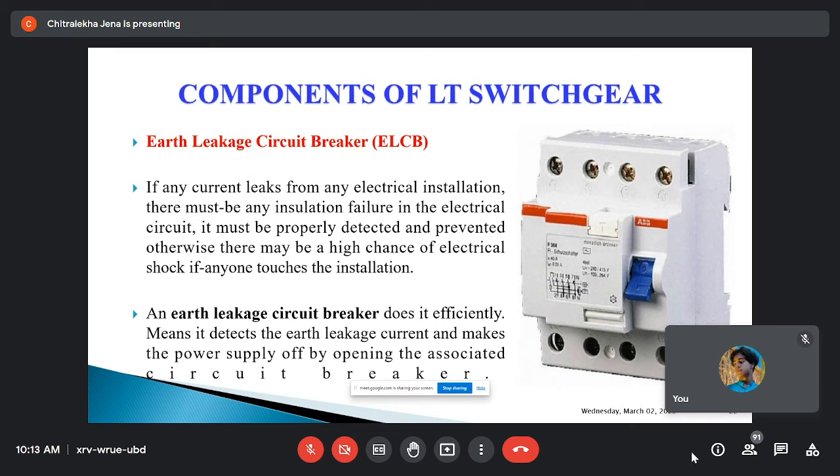That electrician will bring this earth leakage circuit breaker, and this earth leakage current measuring device, to see whether earth leakage current is there or not. This circuit breaker, if there is any current leakage from an electrical installation, due to an insulation failure in the electrical circuit, must first detect it, and it should be prevented. Otherwise, there is a high chance of electrical shock if anyone touches the installation.